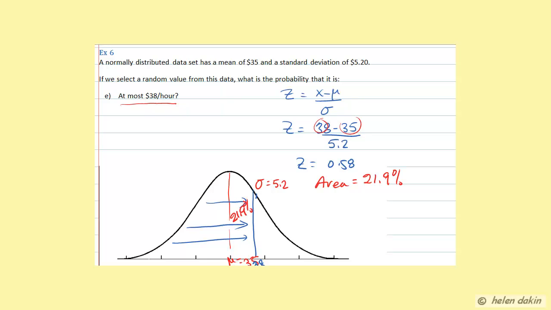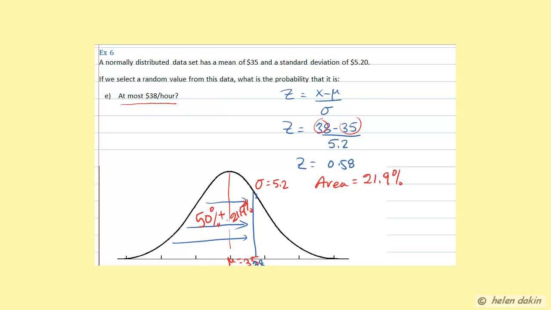So 21.9% is the area between the mean and the 38 value. So in order to answer the question, what is the probability that the X value will be at most $38 per hour, I need to take the half of the area that's to the left of the mean and add it to the 21.9%.